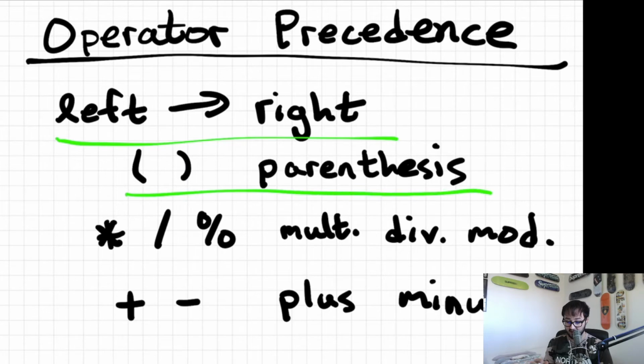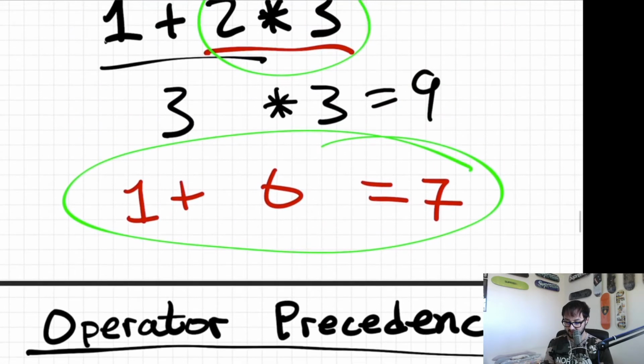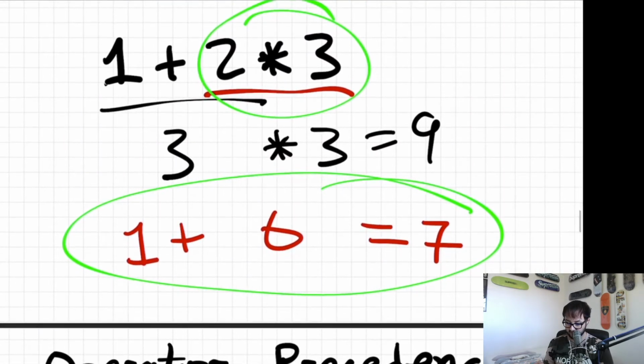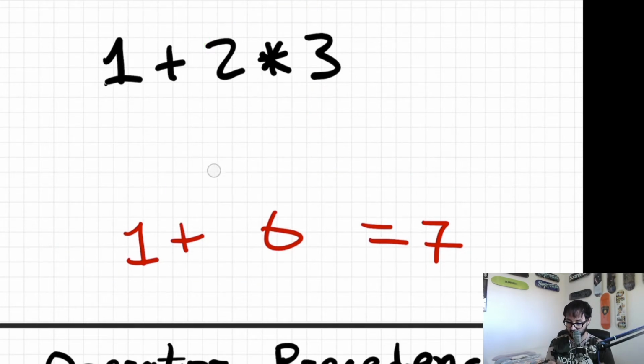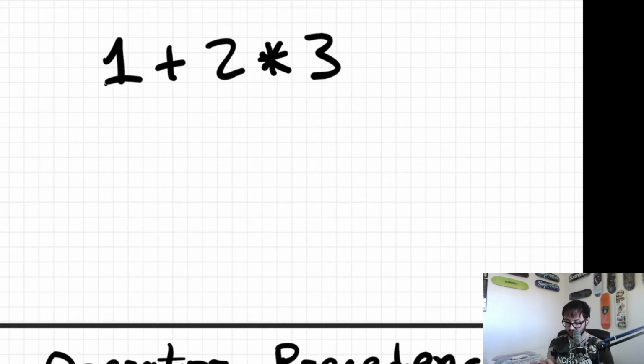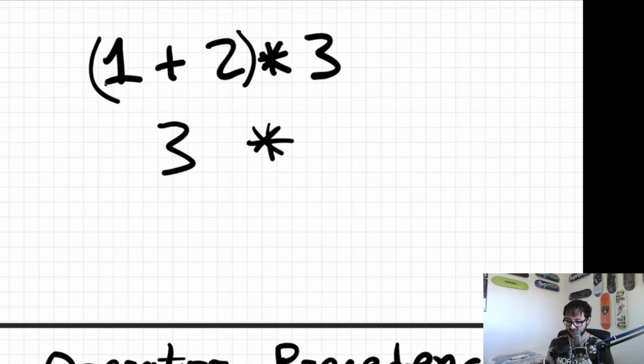So if we did over here, say let's clean this up a little bit so we don't get too much going on. So if we came over here and put parentheses around this, then it would be 3 times 3 equals 9.